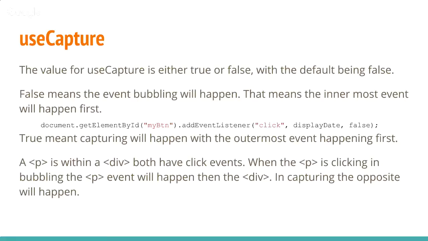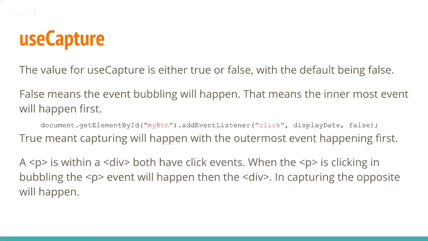So with this code, the default is false, and that means that bubbling will happen. So in this sort of example that I put down here, let's say you have a div with a paragraph inside of it, and both of them have click events on them. So you click on that paragraph.